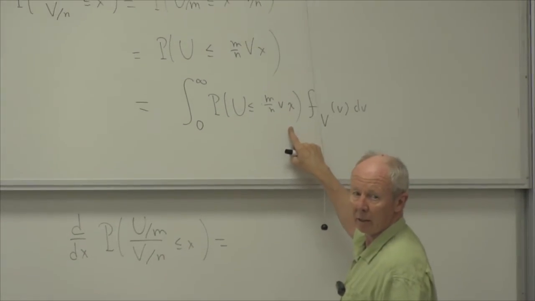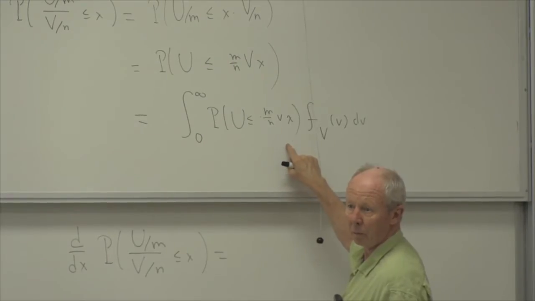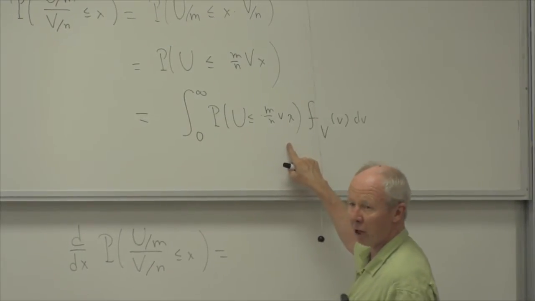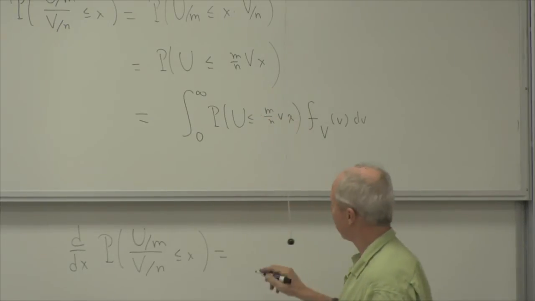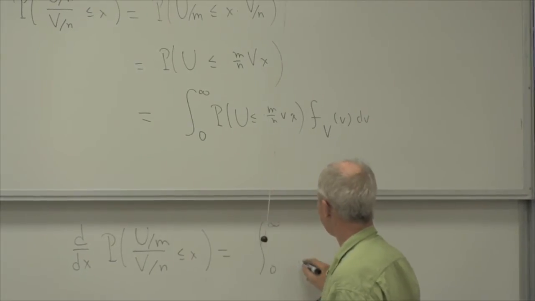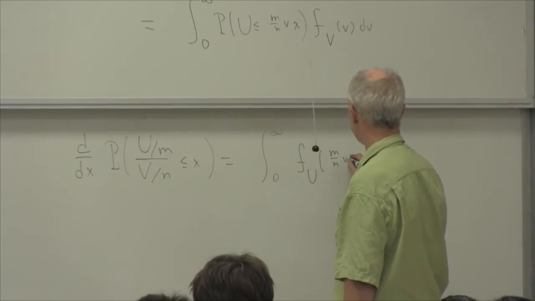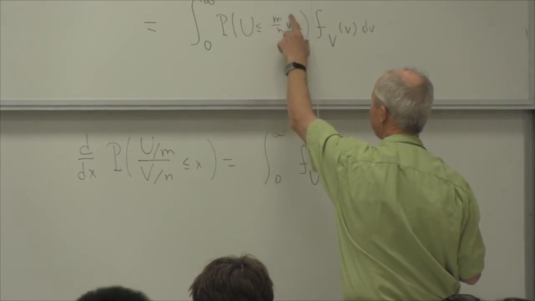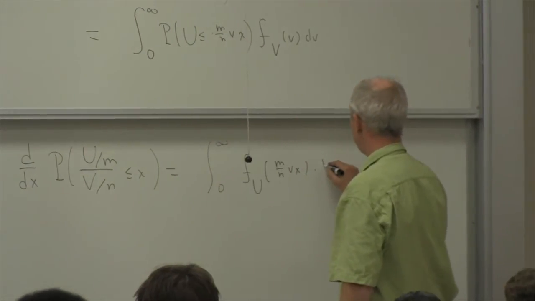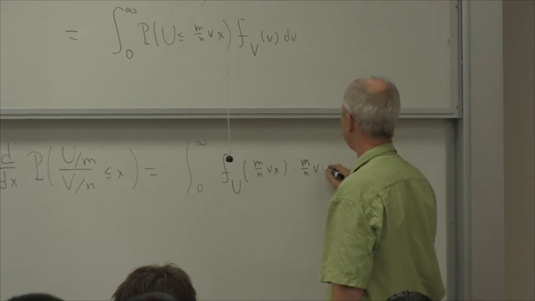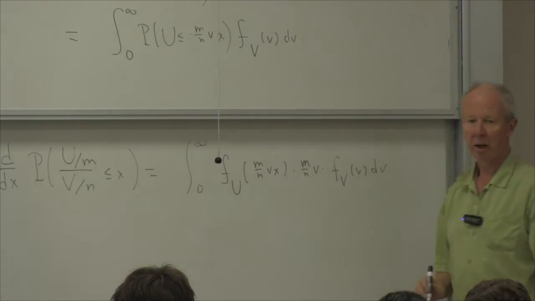This is the CDF for u, so when we differentiate, we should get the PDF, right? But we have to use the chain rule. We're differentiating with respect to x, so we'll get this thing outside, right? So this will become the integral from 0 to infinity, this PDF at m over n v x, because that's the derivative of this function of that variable. But then we have to multiply by the derivative of this with respect to x, which would be m over n v, and then we have the PDF for v. Okay, so that's the chain rule.